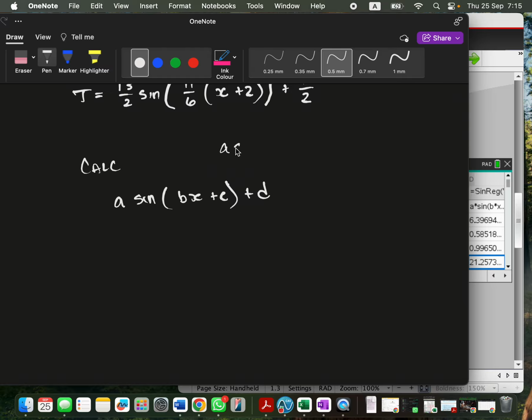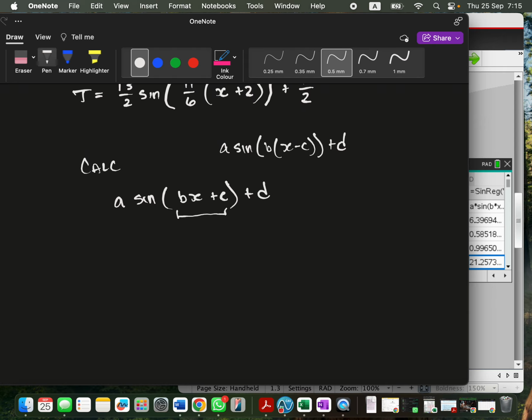Normally we do A sine of B times the quantity X minus C plus D. So in order to make this work, we have to do just a little bit of work, but let's write down what we have.